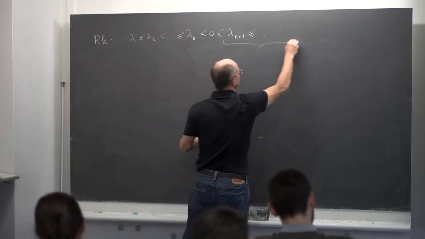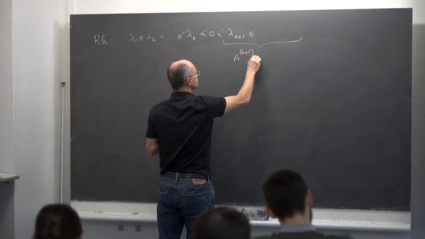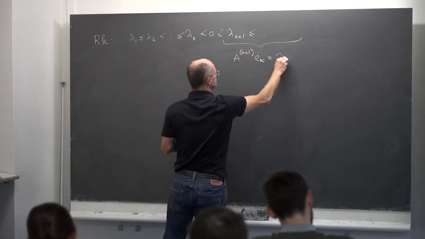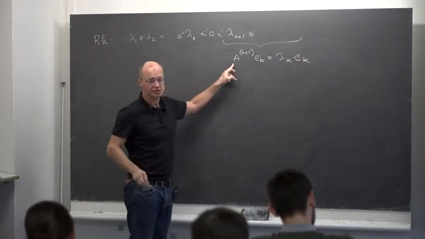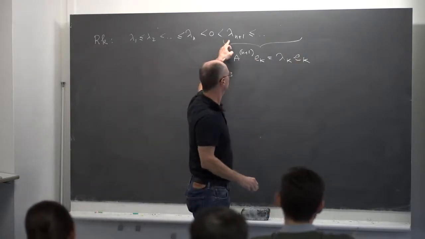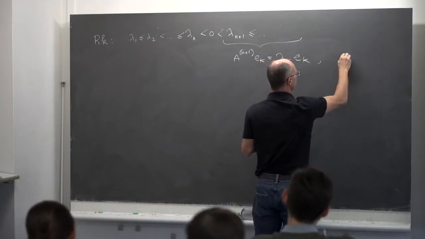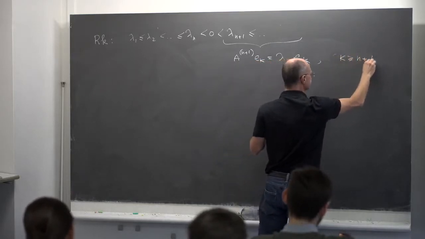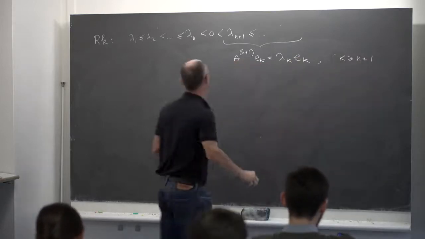Then we can define an operator with positive eigenvalues which only acts on the space spanned by the basis vectors with k greater or equal than n plus 1, right?